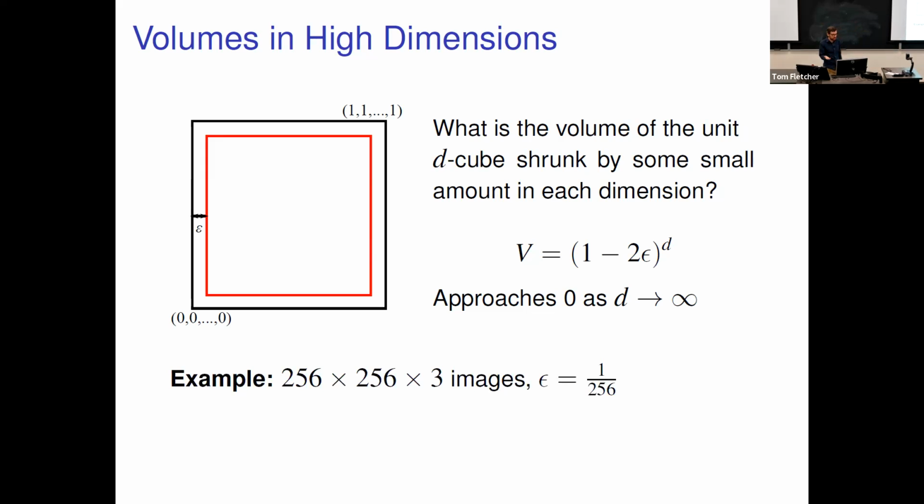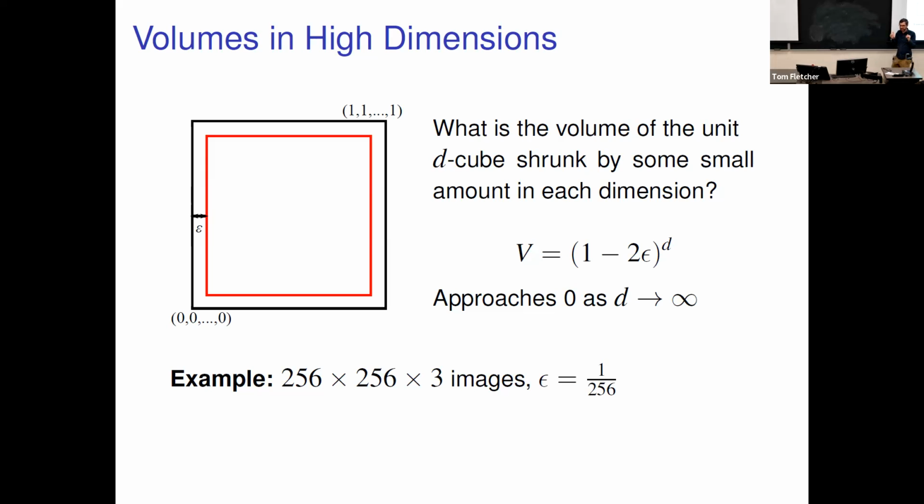To give you a concrete number, let's take slightly bigger images than the CIFAR images, 256 by 256, still very small images. My epsilon is going to be the smallest change, with 8-bit color channels: 1/256.